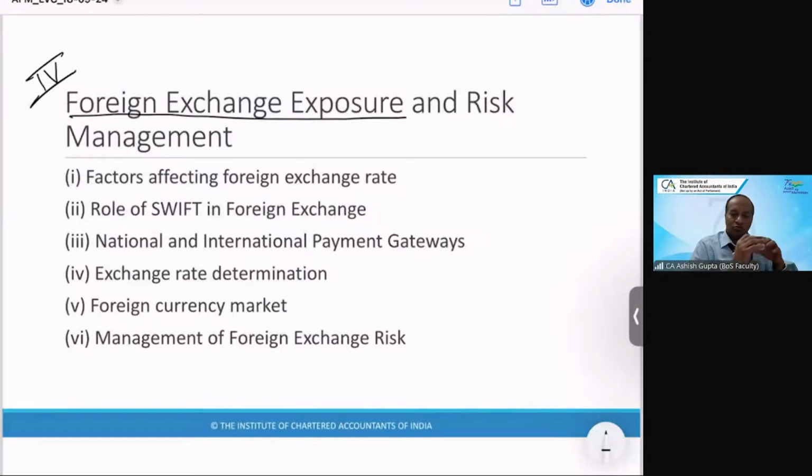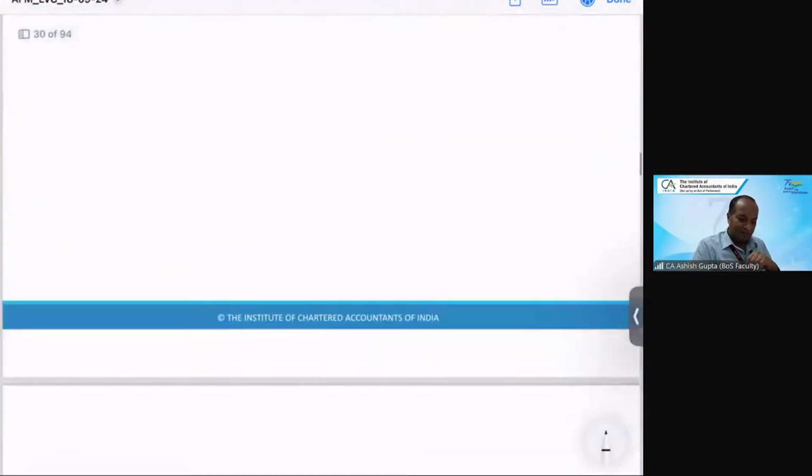So the decision relating not only to capital budgeting, even if I am trading with a country outside India, I am exposed to foreign exchange risk. Why am I exposed to foreign exchange risk? I'll give you a very small example.